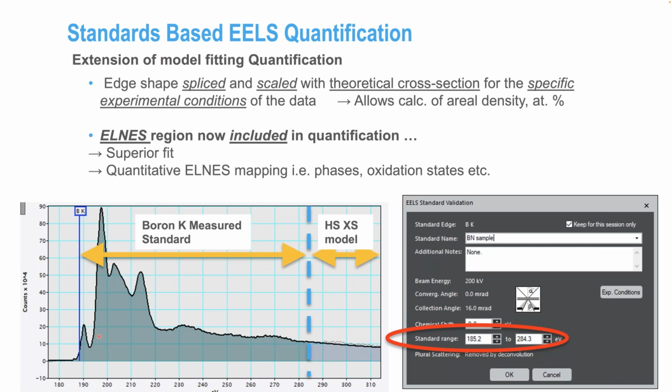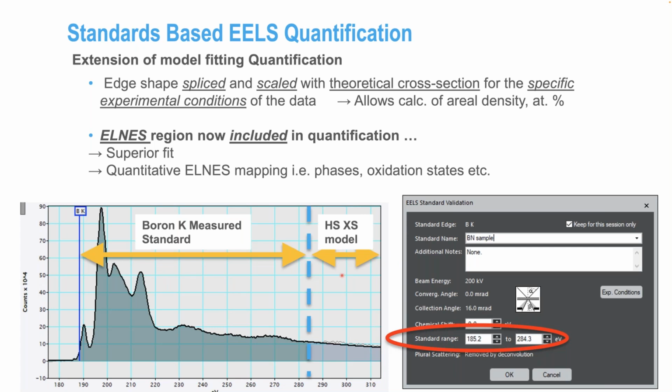We have an experimental part, an experimental edge shape, and we keep our Hartree-Slater cross-section shape, and that's used at higher energy losses, and essentially these two shapes are spliced together. What this allows us to do is fit in the ELNES region whilst also being able to do the full analytical quantification that we can do with the Hartree-Slater cross-section model.